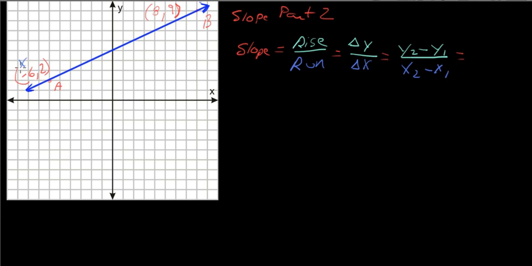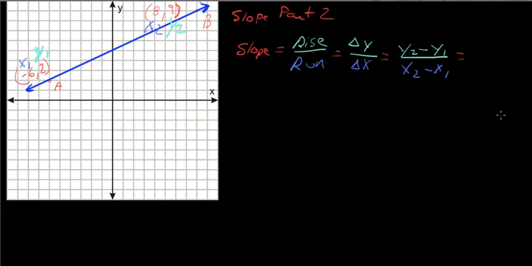So let's see. Got x1, x2. Okay, we've got y1, kind of hard to see there, and this is y2.